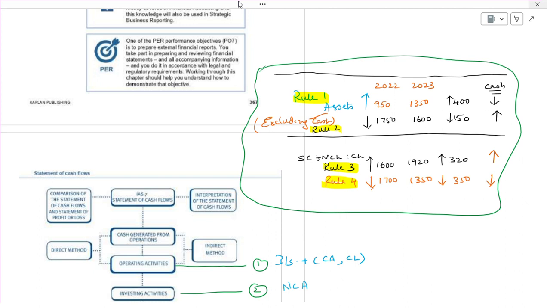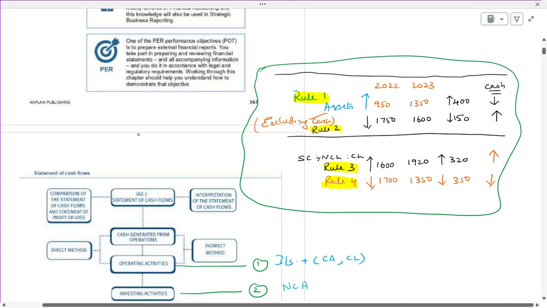If cash decreased, less. We should know how to work out each account. They are talking about IS 7. We are making a comparison for two years in terms of profit and loss account. We will make interpretations. We will do the direct method and indirect method.